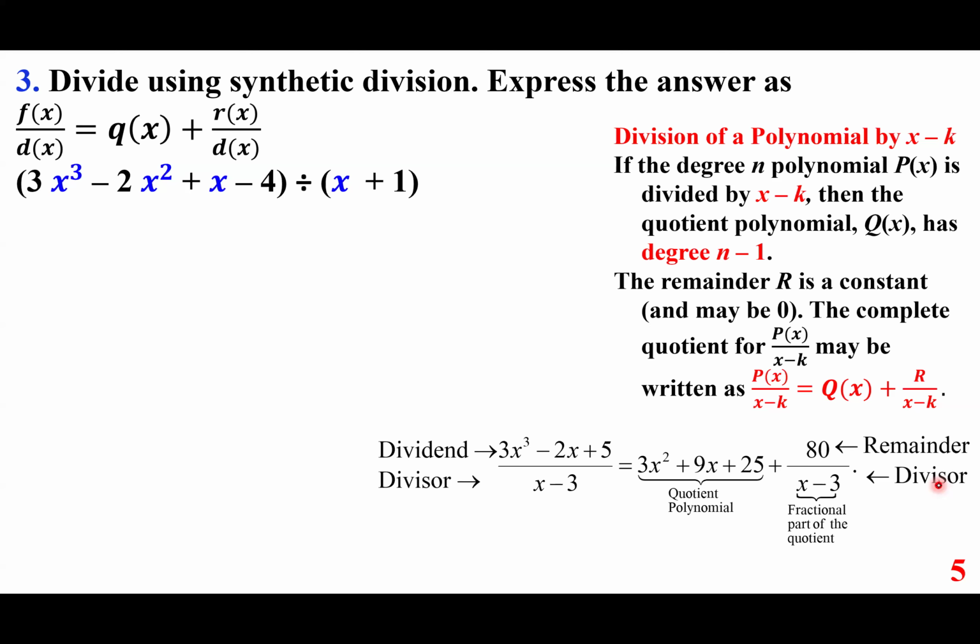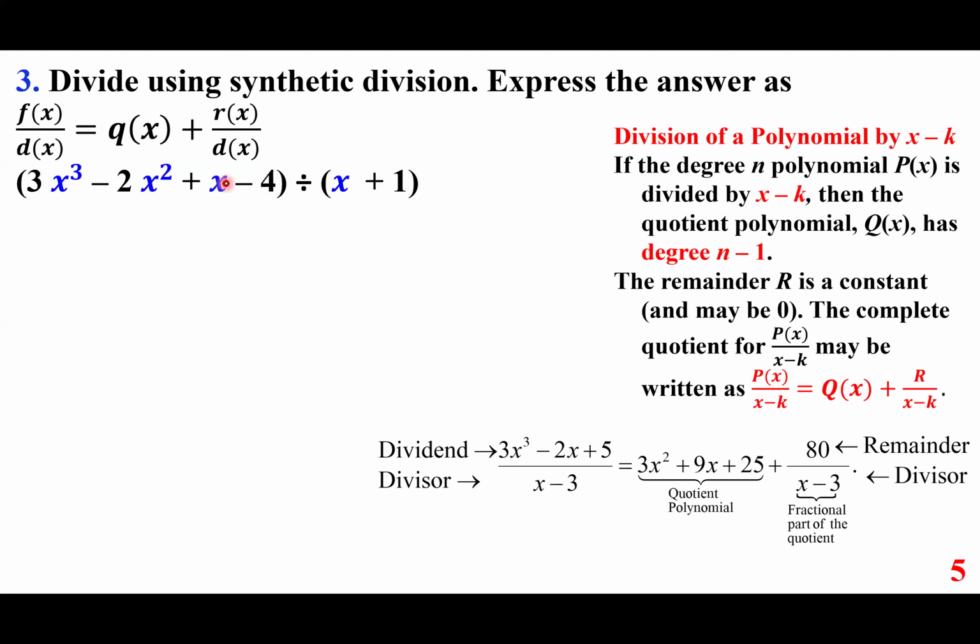Now with synthetic division, here's the methodology. Because you're dividing by x plus 1, remember this is x minus k, you put minus 1. If it's x minus 1, you put 1. Then you put the coefficients in descending order, and anything missing, you put a 0.